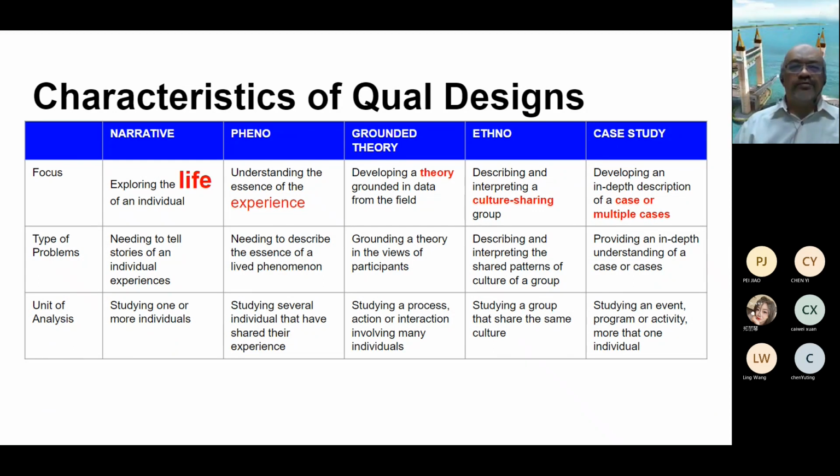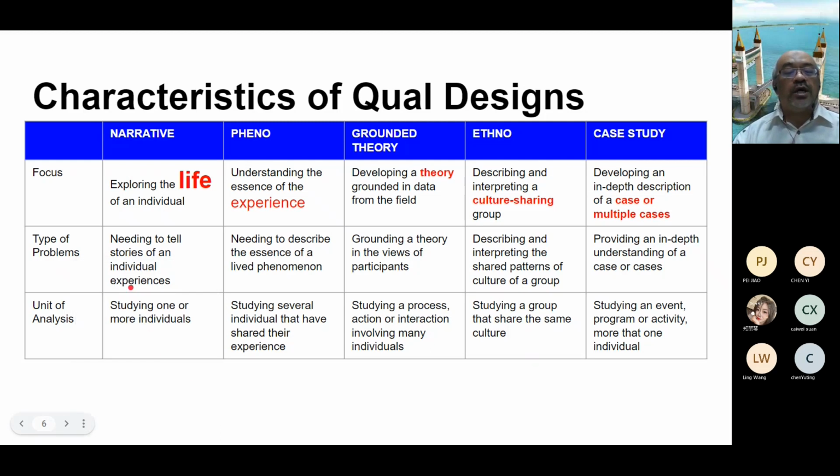That individual could be a political leader, an academician, someone that we highly regard, that we respect very much. That individual has made many contributions to the world and to the country. In order to do the research, we need to do interviews, and the type of design that we're going to use is narrative inquiry. So, exploring the life of an individual.